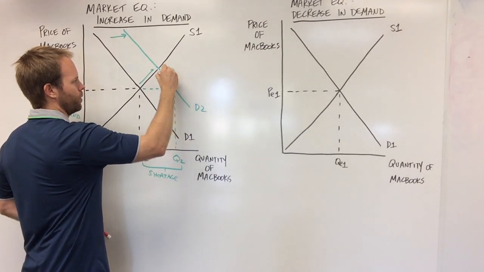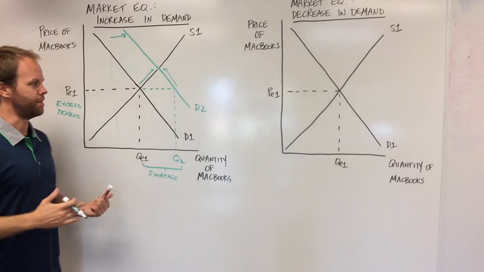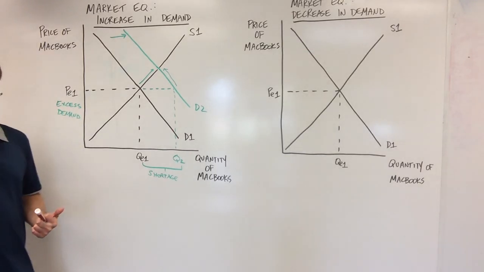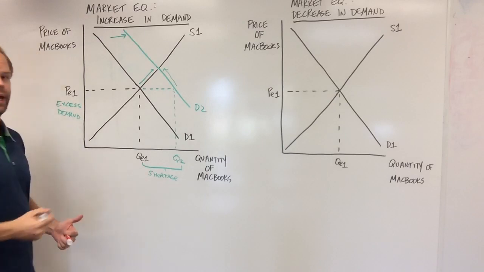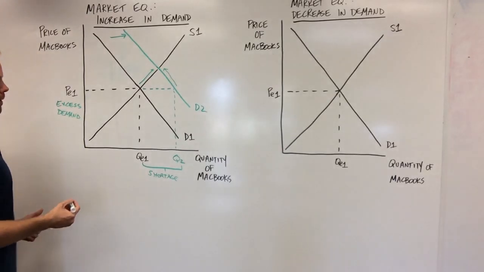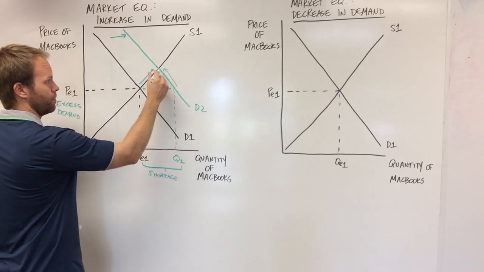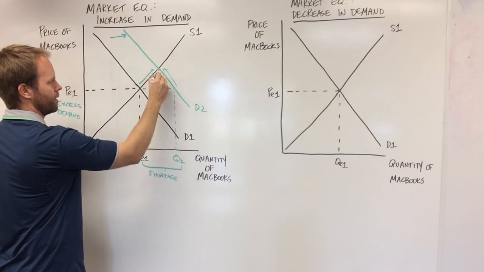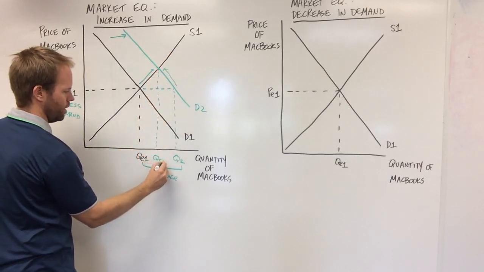And from the law of demand, we will know that as the price increases, the quantity demanded will decrease. So as price increases, it will eventually get to the point where we have a new equilibrium. So they will eventually raise their prices to the point where the new demand curve hits our pre-existing supply curve, and we're going to call this point QE2.